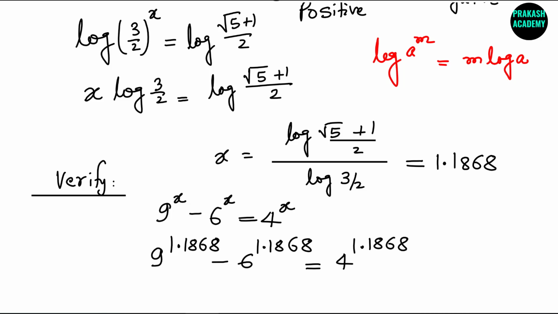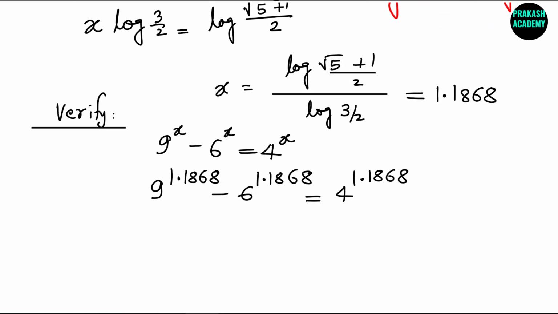1.1868. Now if you calculate this using the calculator, you will find the left hand side comes to be 5.1822, and the right hand side we will have 5.1823, which is approximately equal. It's not exactly equal because we have rounded this term, and that's why these two terms are approximately equal.